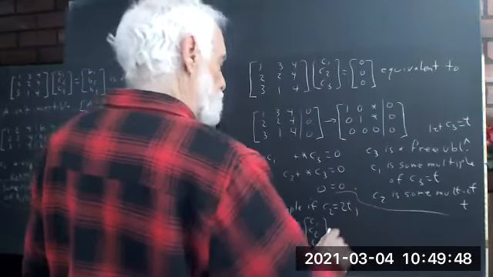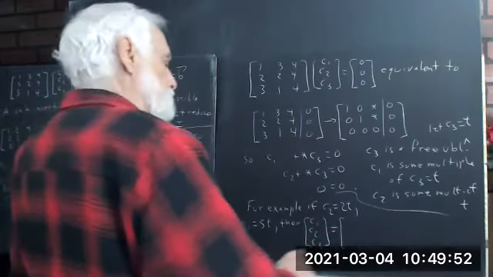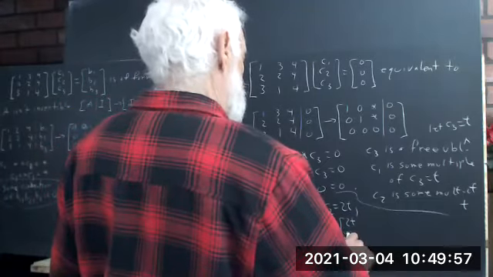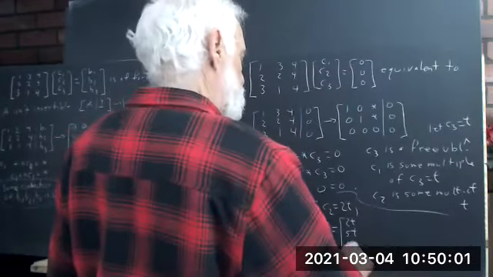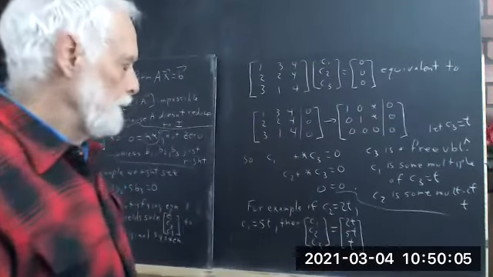then C1, C2, C3 equals 5T, 2T, and C3 was T, equals this.